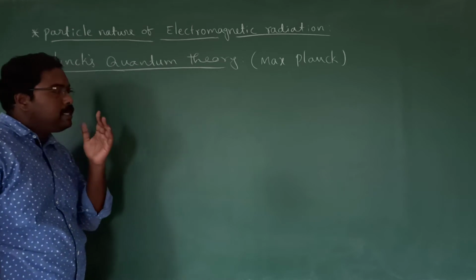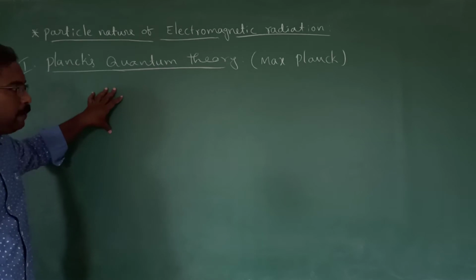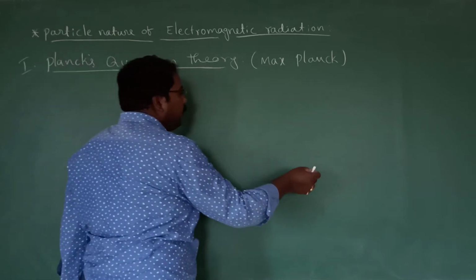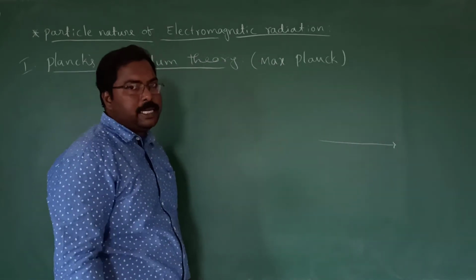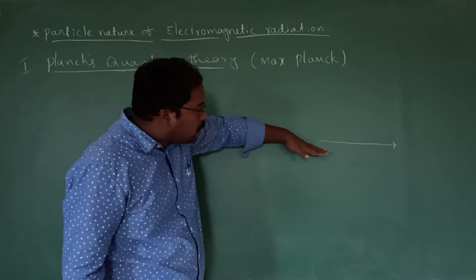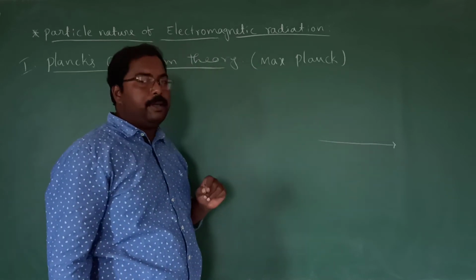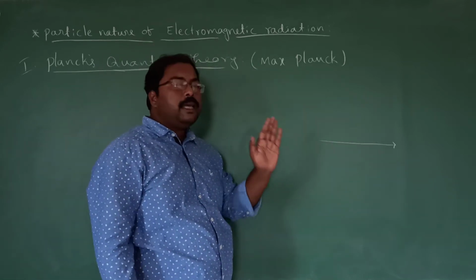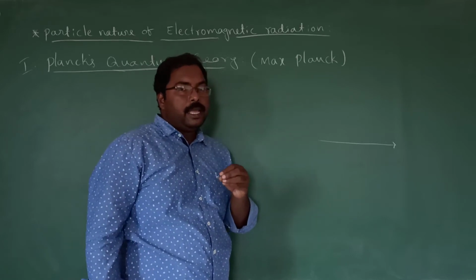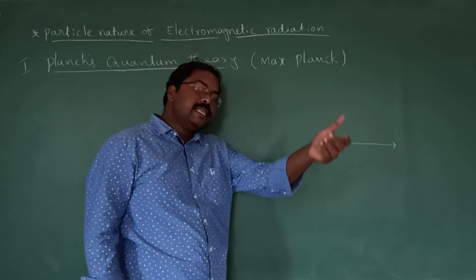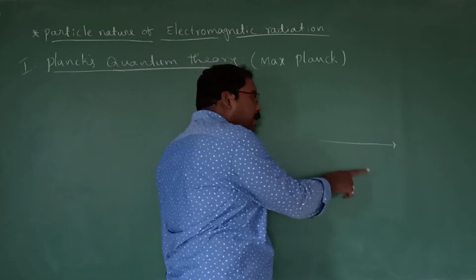So, what is the statement given by Max Planck here? The main statement he is making is this: generally we may think that light is a source of energy, and light passes continuously. But coming to Max Planck, when any substance or body emits radiation, meaning it releases the radiation, or absorbs the radiation, it does so not in a continuous manner.